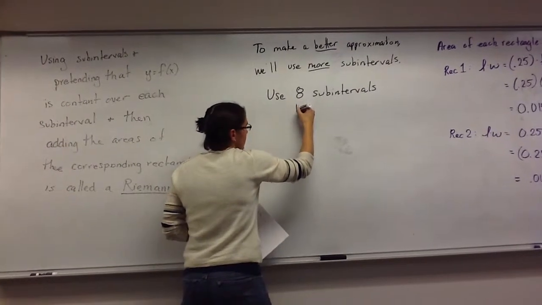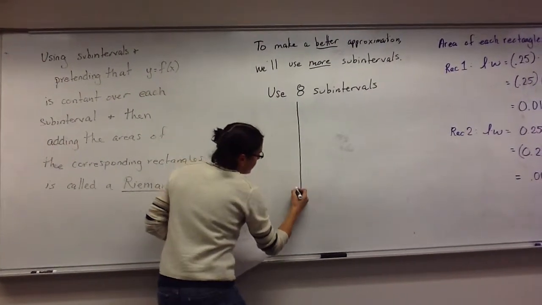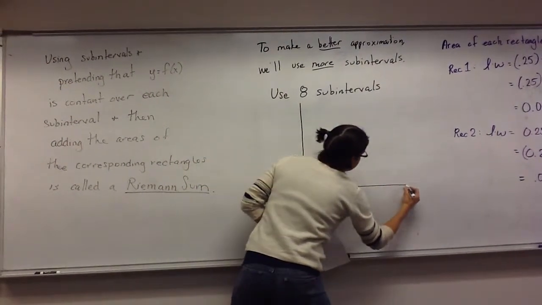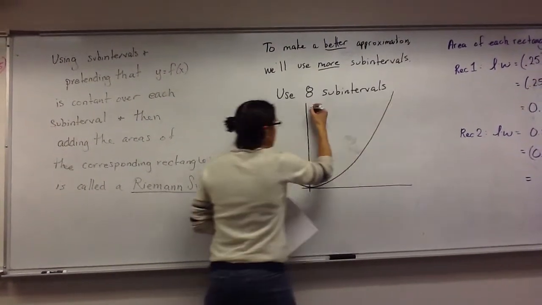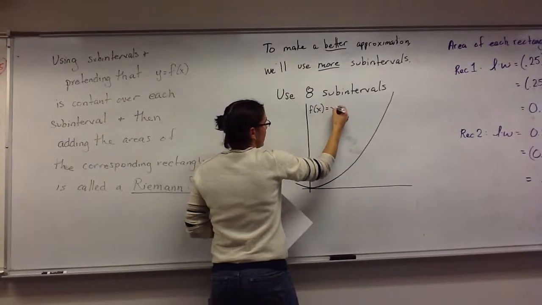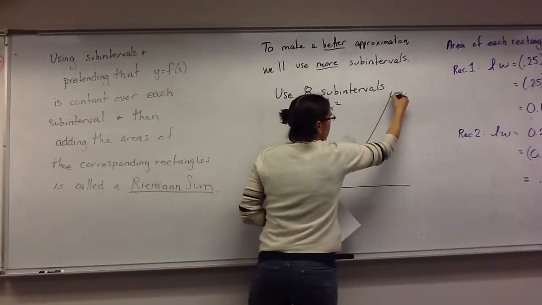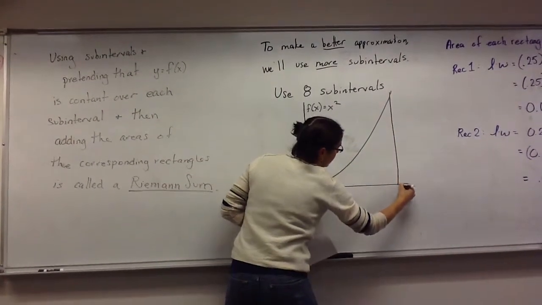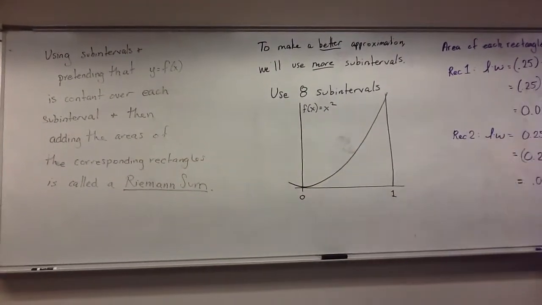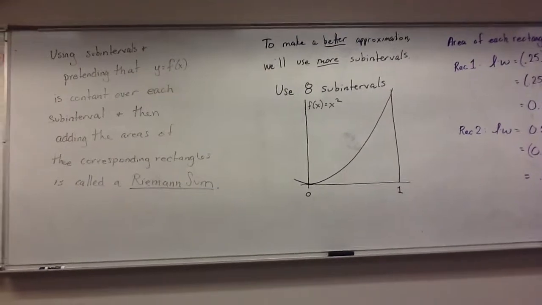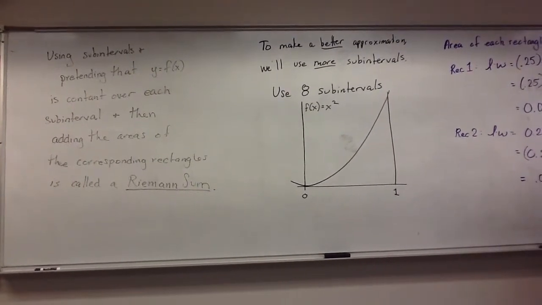All right, so if I'm going to use 8 subintervals to make some rectangles here, I've got my function f of x equals x squared, and I've got the interval from 0 to 1. And I want to break this up into 8 equal pieces.